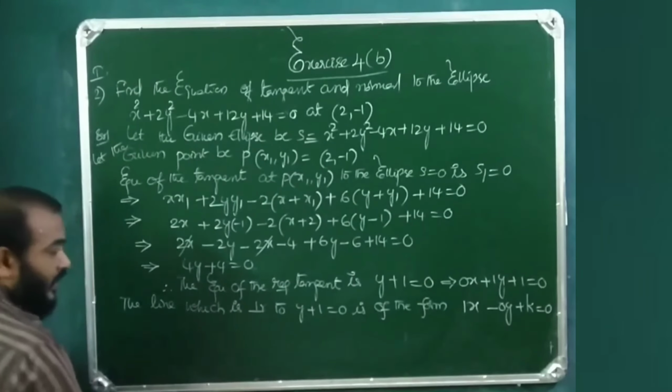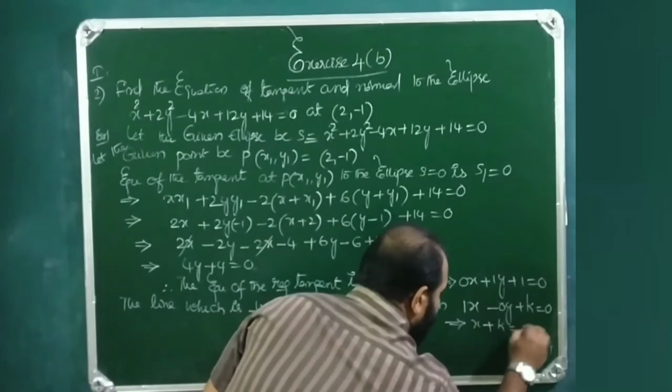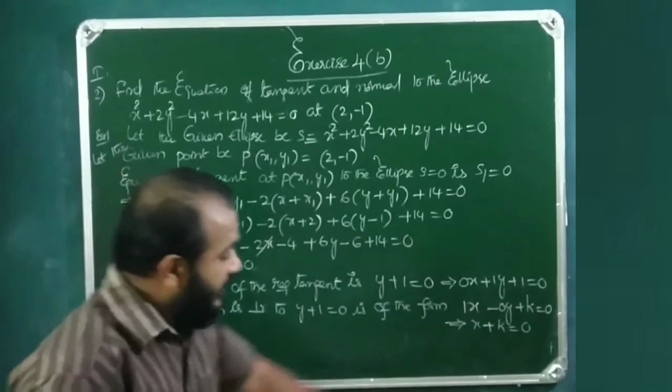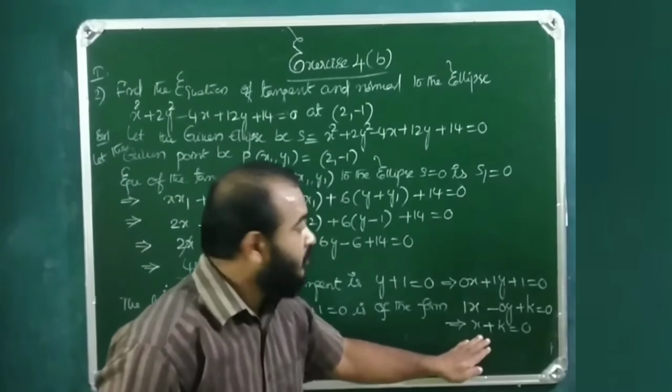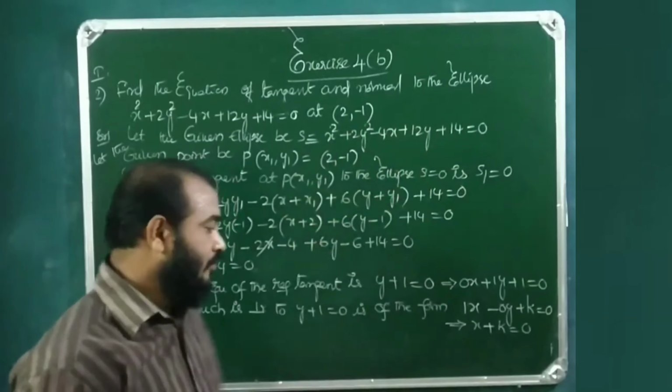Therefore this is x plus k equals 0. And this normal is passing through (2, -1).